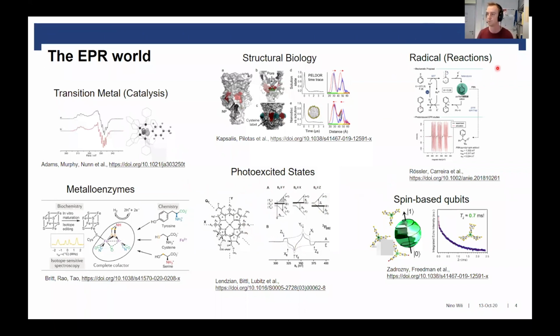Of course, if you have radicals directly in the reaction, you can study them by EPR. And something which came probably in the last 10 years, a lot, are spin-based qubits. Many things that you see in quantum information processing were actually already done in NMR or EPR. Of course, there are many different things that I haven't mentioned here.